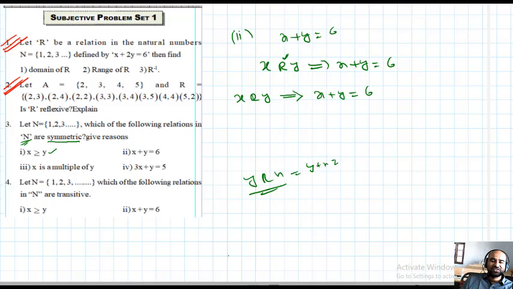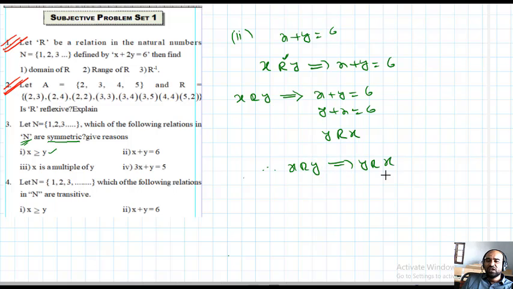Y plus x should be 6. If x plus y is 6, then y plus x is 6 only, no? Interchange these two: y plus x equal to 6 is a true statement. What is the meaning of this? Y related to x. X related to y gives y related to x. Therefore, R is symmetric.